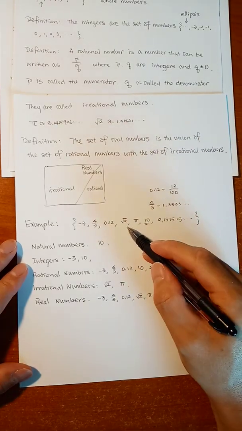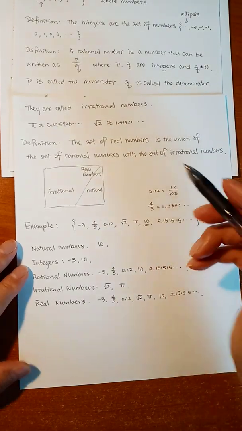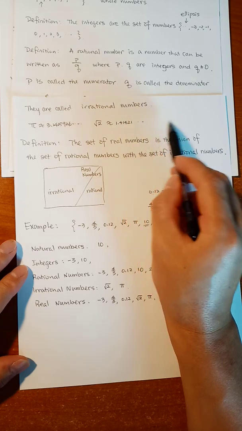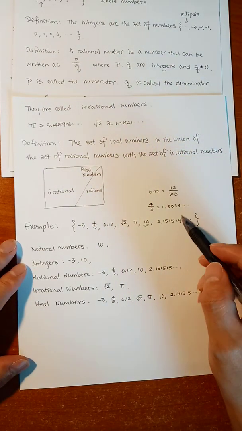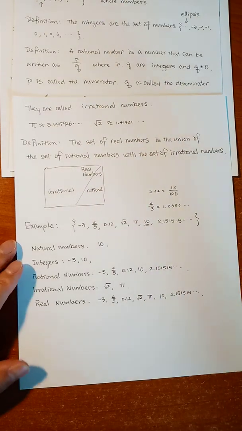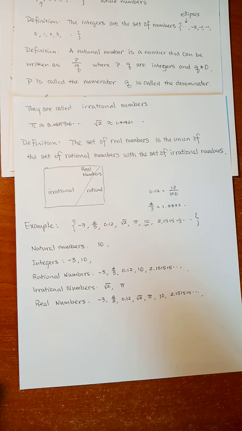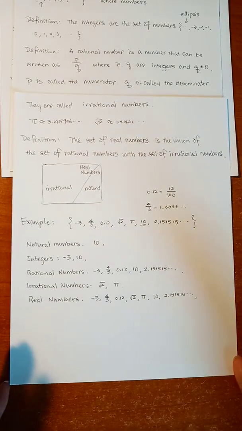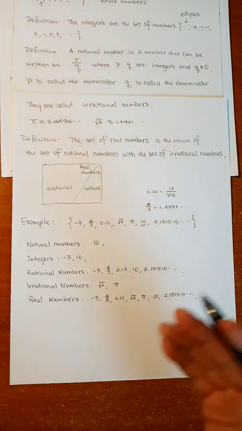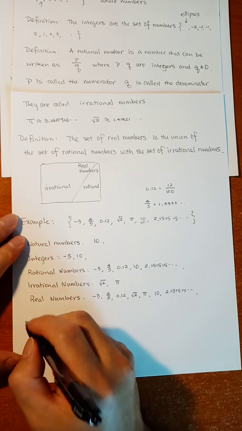And square root of 2 is even more difficult: 1.4141 stuff. It's indefinite. And this 2.151515 is also indefinite. So if it's indefinite, we cannot handle it. We cannot even finish writing. So there's a way to approximate.